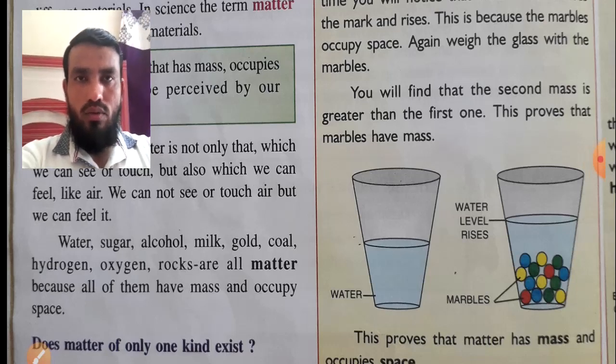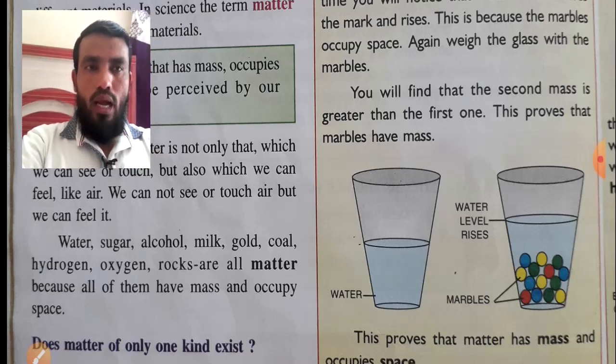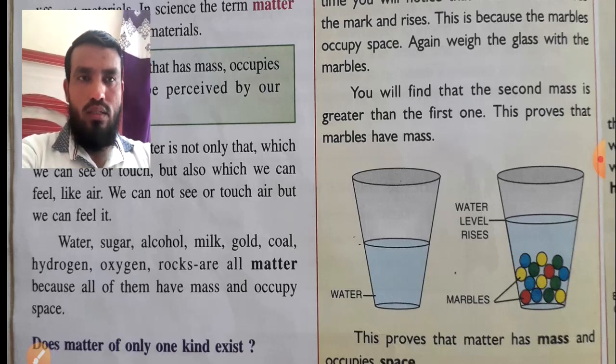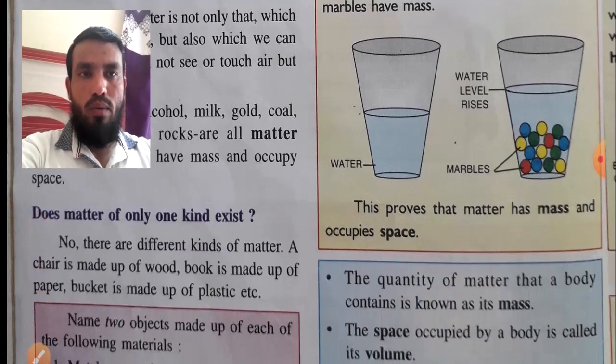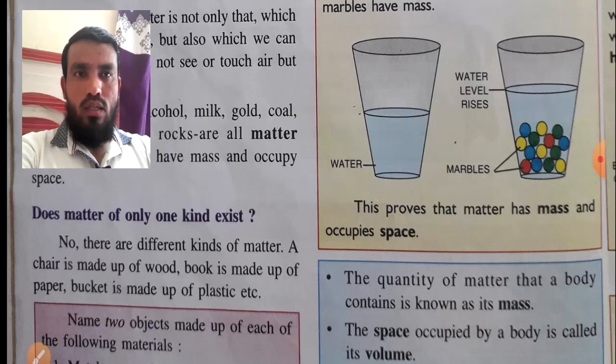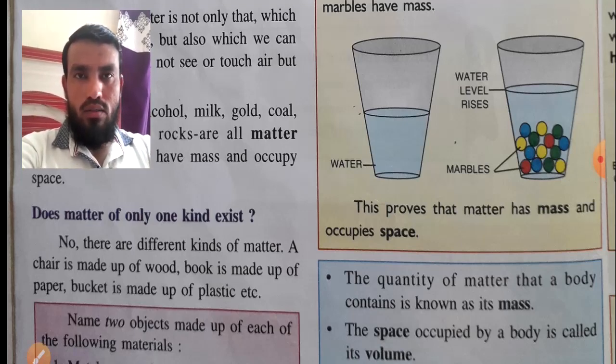Because of the mass the weight becomes more, and because the marbles occupy space, the water level increases. Whatever the level increases by is the space occupied by our marbles. So this proves that matter has mass and occupies space, because our marbles are made of solid material, which is also matter, solid matter.